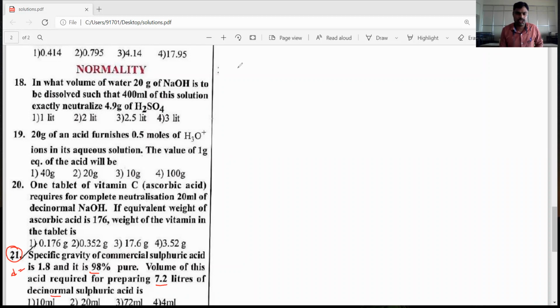So first we will find the normality of the original solution, dear students. The original solution normality is equal to weight by weight percentage into density into 10 divided by gram equivalent weight.